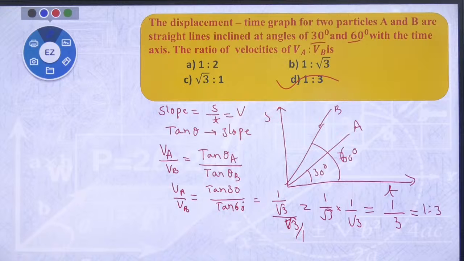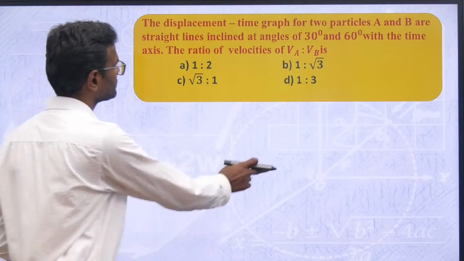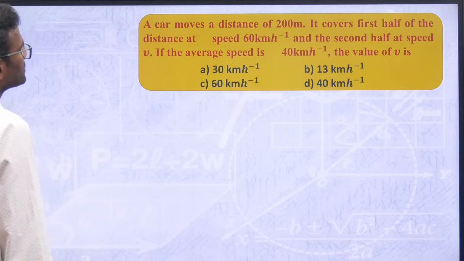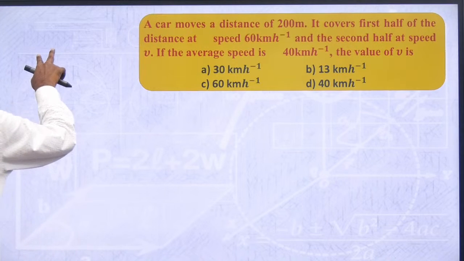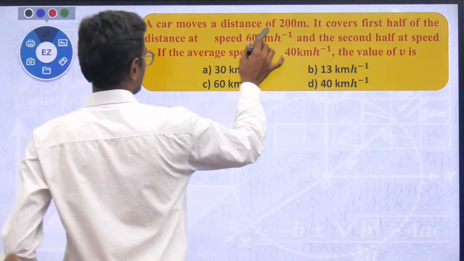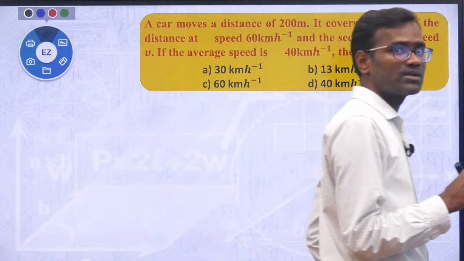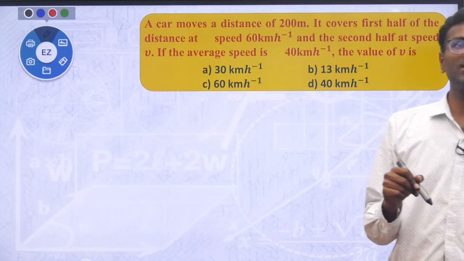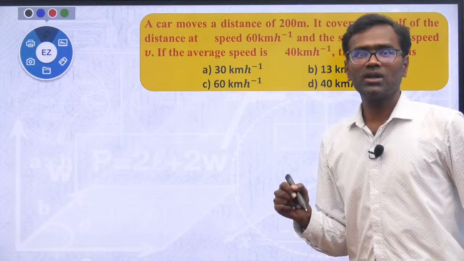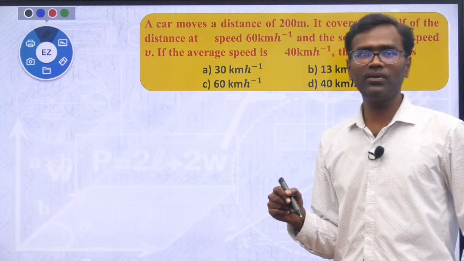Okay beta, if it is completed, then we'll go with the next slide. Next one. A car moves a distance of 200 meters. It covers half of the distance at a speed of 60 km per hour, and the second half at a speed v.